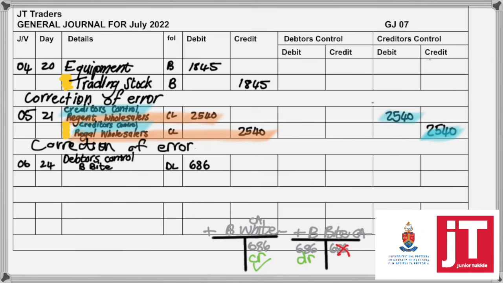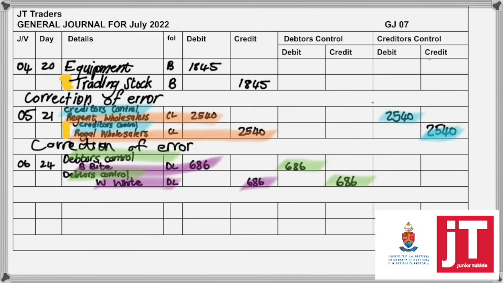So Byte's account refers to the debtors ledger, and we have to remember that it influences the control account as well, 686 Rand. And then we have to put through the correct entry by crediting White's account in the debtors ledger and remembering that it influences the debtors control account as well. Here again, just a correction of an error.